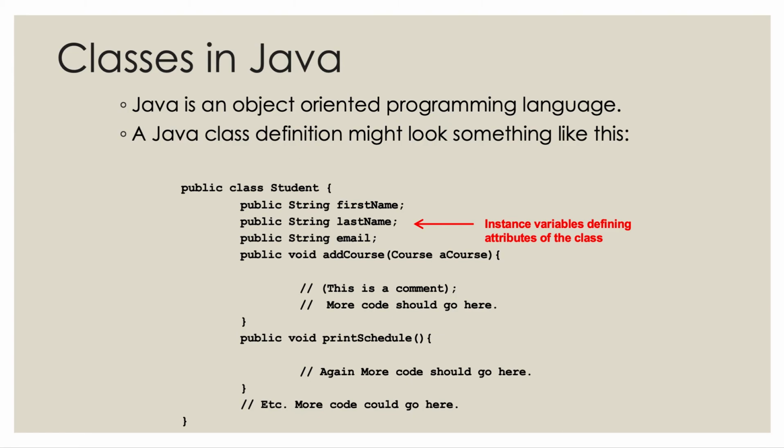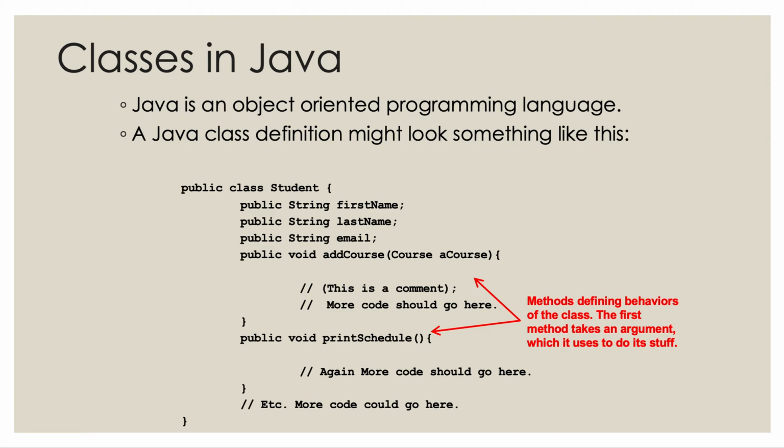When we create an instance of this object, we can put different first name, last name, and email. As you see, their data type is String, and they're also preceded by a keyword like public, which we'll talk about later. It's better to be private.